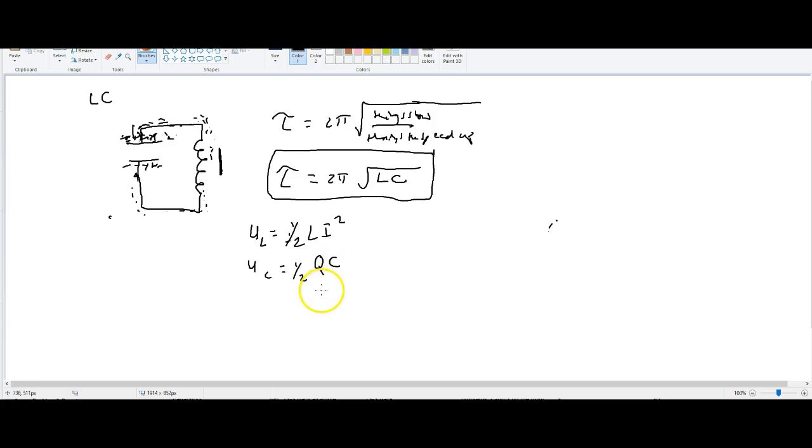Hold on. It should be QV, so I'm doing something wrong. V is equal to Q over C. So what am I doing wrong here? So it must be Q squared over C? No, that's not it. Hold on a second. Let me think that through.